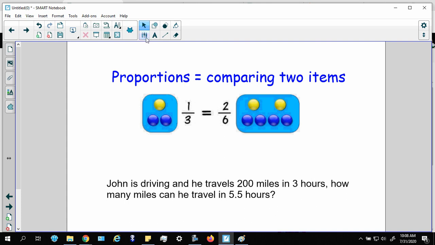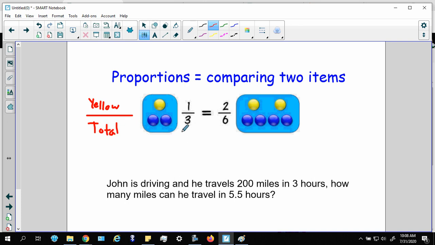I apologize, I am writing with my mouse here, but they're comparing yellow to the total amount of circles in the box. So yellow is 1, and then of course you have a total of 3. And the proportion is the same on the other side, where you have 2 yellow and a total of 6 circles in the box.